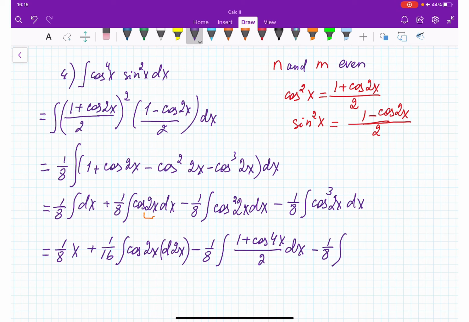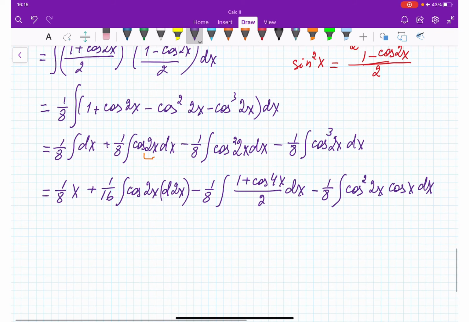So breaking down cosine cubed, just like we did in the previous case, sine cubed, the same way here. Cosine squared 2x, cosine x dx. From here, 1/8 x plus 1/16 sine 2x, right?